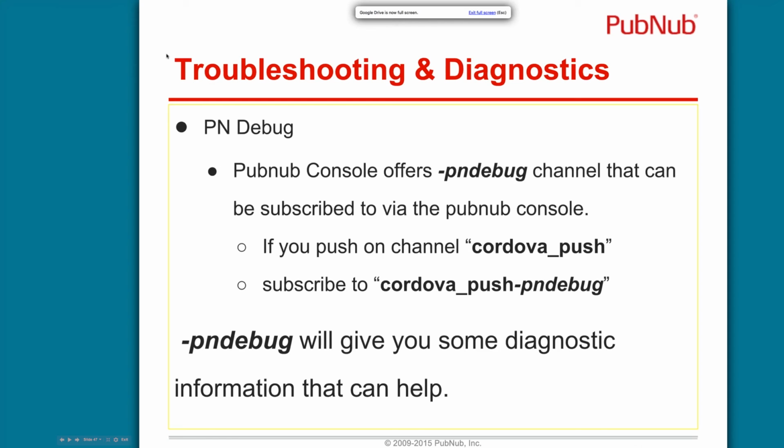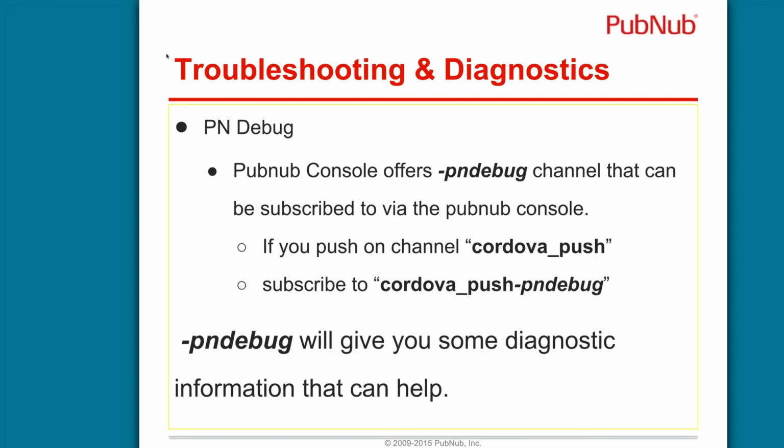PnDebug. Okay, PnDebug is a channel that's created for you when you're using push notifications or a mobile push gateway. And what this channel will do for you is allow you to receive diagnostic information from the mobile push gateway on events that occur.